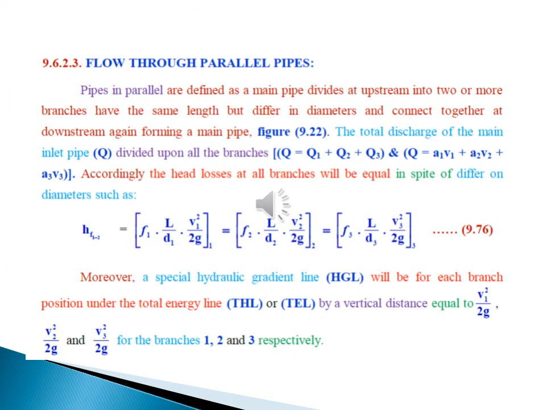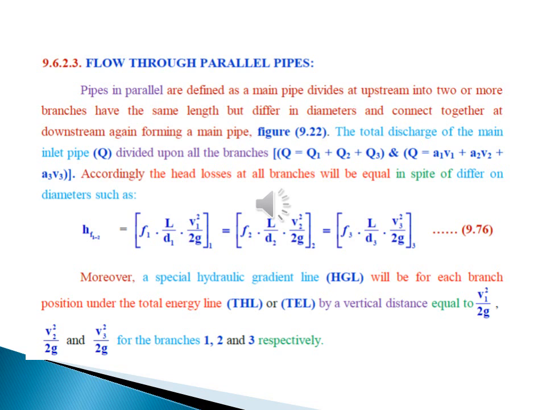Flow through parallel pipes. Pipes in parallel are defined as a main pipe that divides at upstream into two or more branches that have the same length but differ in diameter and connect together at downstream again, forming a main pipe.